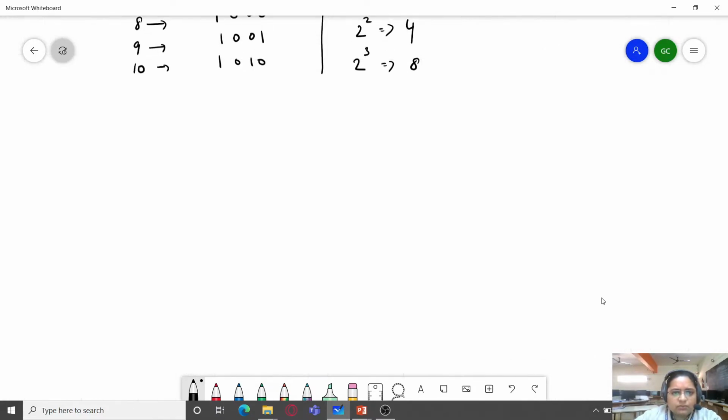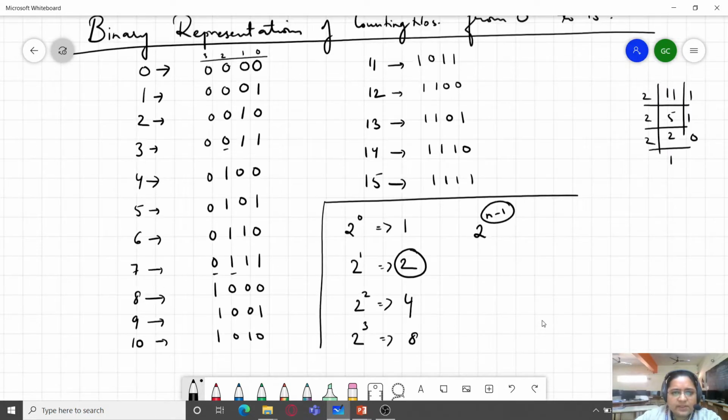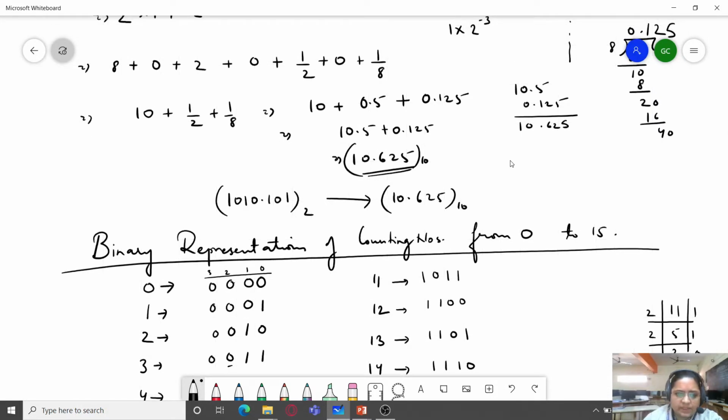Here also we have the most significant digit and the least significant digit. In this case, you can see that here 1 is the least significant digit, whereas this one is the most significant digit.